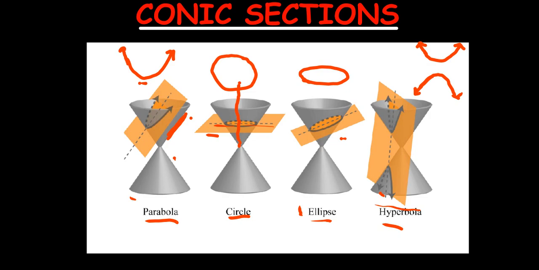In this part of the analytical geometry, as you know, the first part of this course is analytical geometry, then the second part will be calculus. In analytical geometry, we'll be looking at how an algebraic equation can describe these shapes that we've looked at here: the parabola, the circle, the ellipse, and the hyperbola.